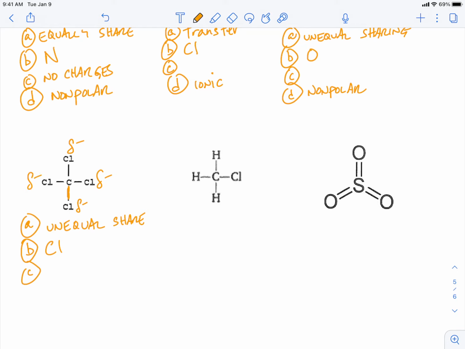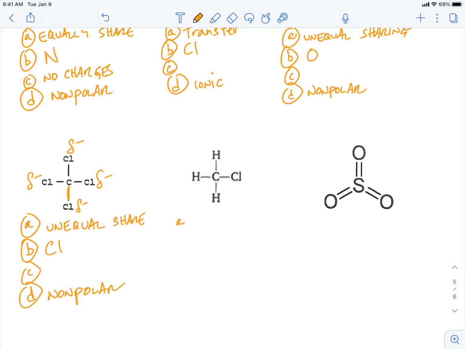It's going to attract the electrons more of the time. And then for part D, classify this: non-polar. There are two lines of symmetry, but the left side is negative, the right side is negative, the top and the bottom are negative. So all around, it's the same charge, so there are no poles, and so it's non-polar.